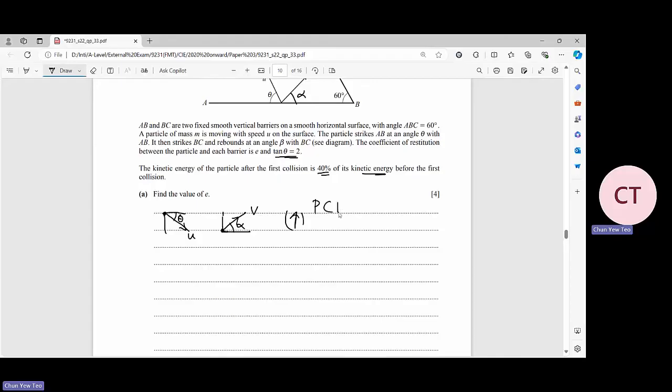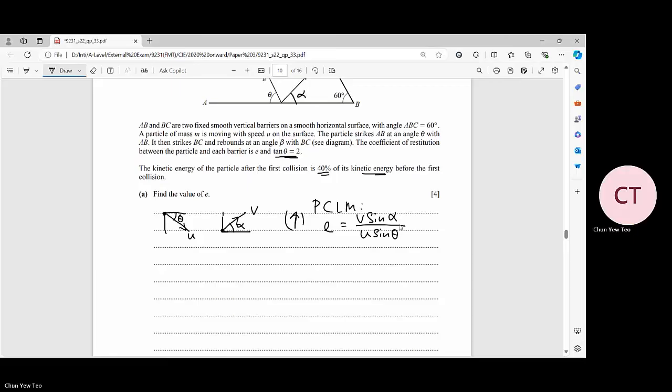So we will have e equals v sine alpha over u sine theta.